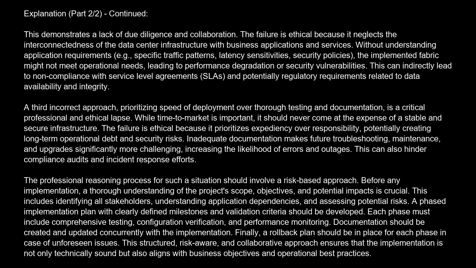Each phase must include comprehensive testing, configuration verification, and performance monitoring. Documentation should be created and updated concurrently with the implementation. Finally, a rollback plan should be in place for each phase in case of unforeseen issues. This structured, risk-aware, and collaborative approach ensures that the implementation is not only technically sound, but also aligns with business objectives and operational best practices.